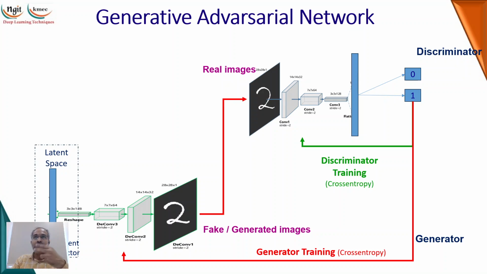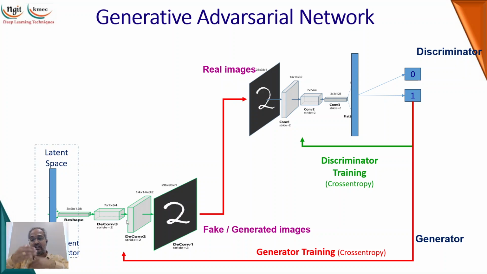So these are the two networks trained together. For some time we train the discriminator, and sometimes we train the generator. The generator training is the most important, of course, followed by the discriminator after generation of the images. Let us say, for example, the first time we get a completely blurred image, and obviously the discriminator can classify it.